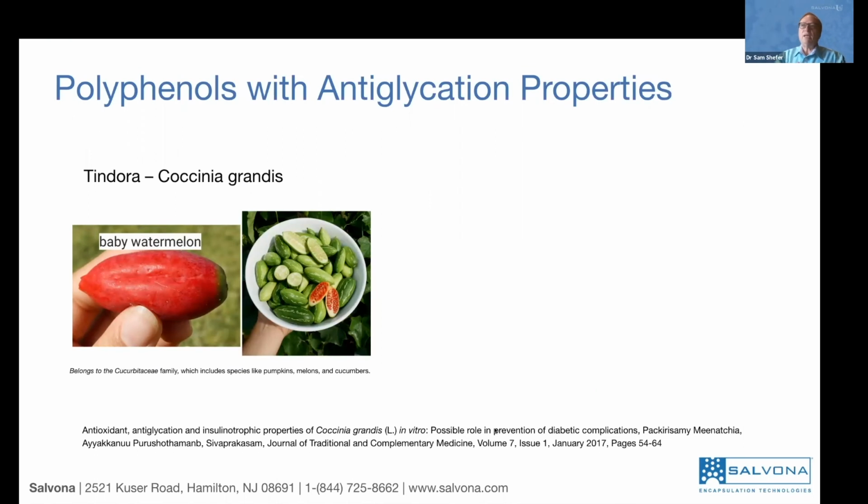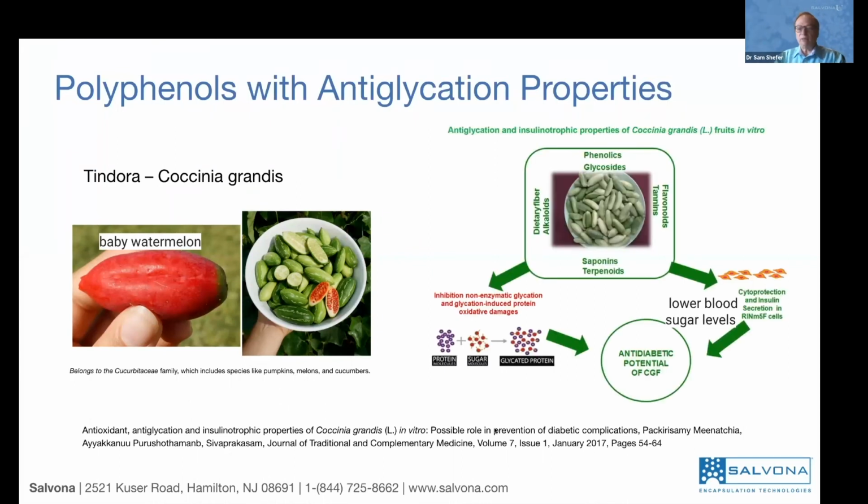Here is another one, Tindora. I don't know if you're familiar with this or not. Tindora are baby watermelon-like fruits that are not available, let's say in New Jersey, but maybe in other parts of the world, such as India. I think they are available. And a research group found out that this material has a wonderful feature.